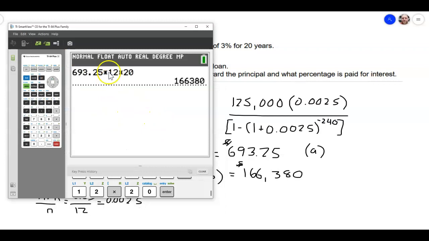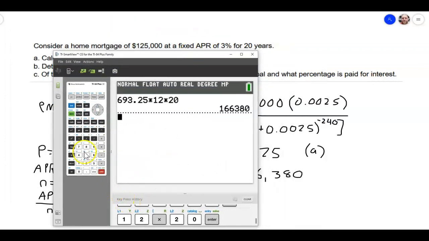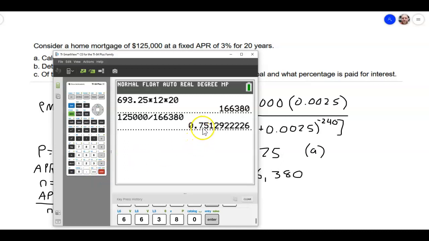So if you divide the 125,000 by the 166,380, we're going to get 0.751, so 75.1% will be paid towards the principal.